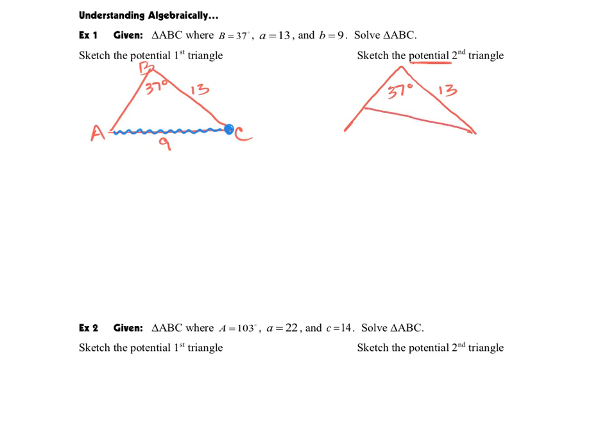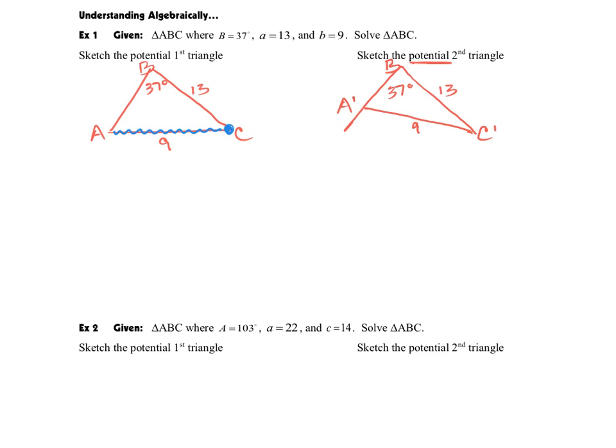I just want this to hit somewhere along that side, and I'm going to call this a C prime because it's going to be that new C. I'm going to call this an A prime because it'll be a new angle A, and I'll have my original angle B. Now, this A prime, C prime has to stay as a 9, because that's the whole idea with moving the side in, that the original measurements have to stay the same.